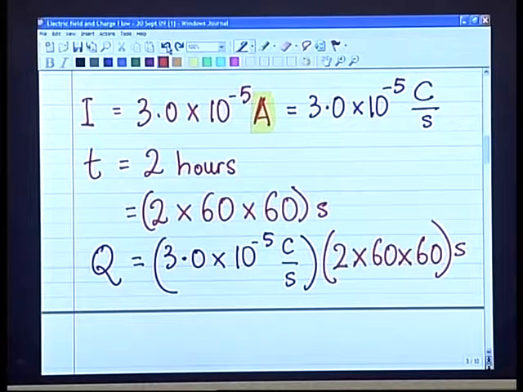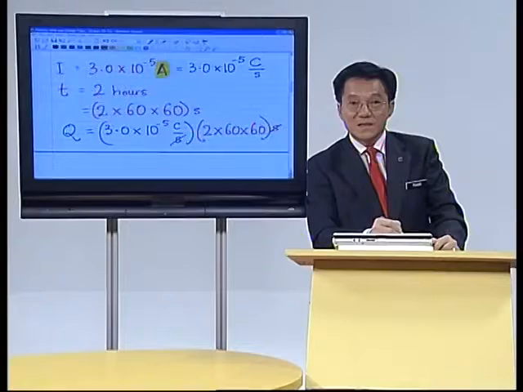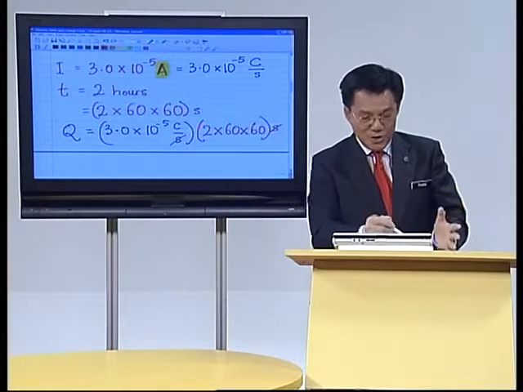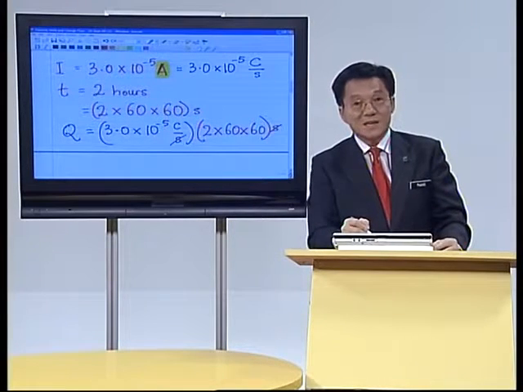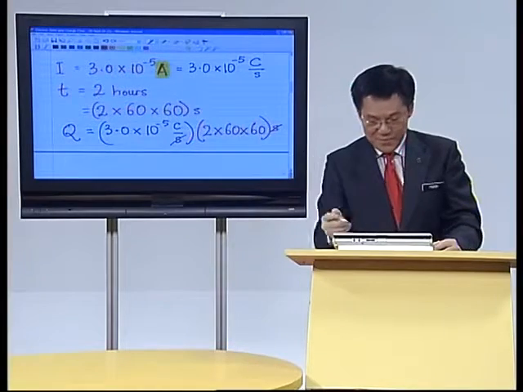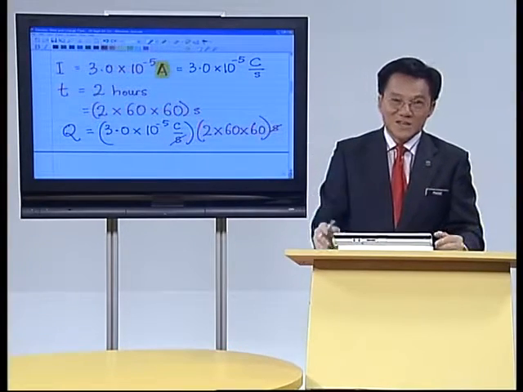And now I can cancel off the seconds. And what remains? Coulomb. And coulomb is actually the quantity of charge. Q is the quantity of charge. It is in coulombs. All right. Now you can touch your calculators.